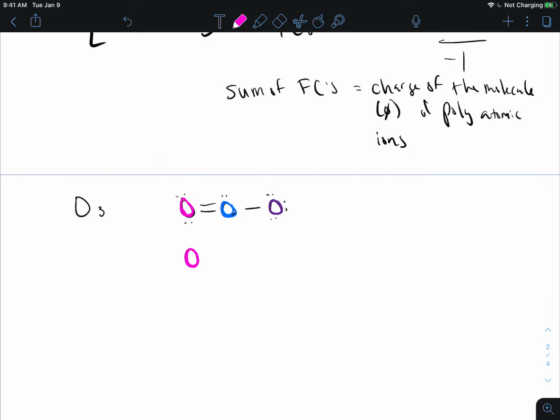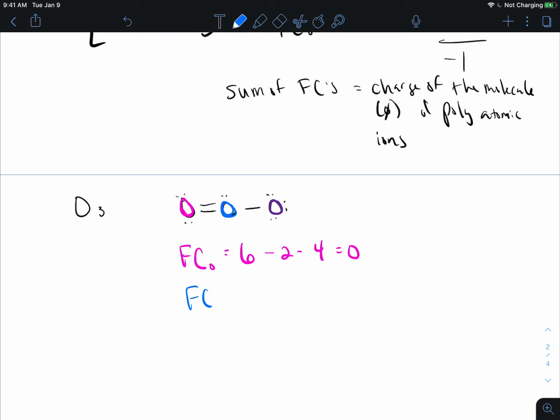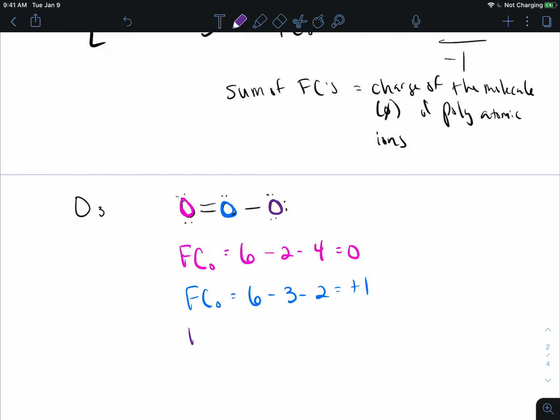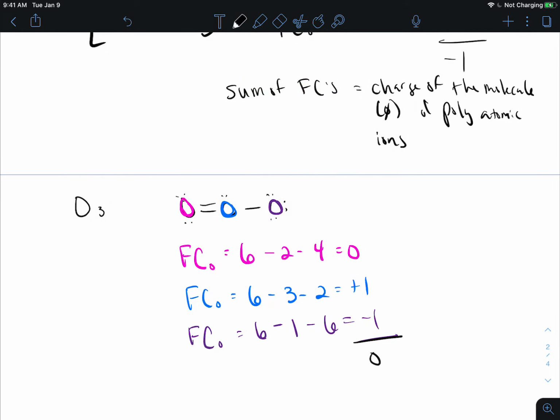So the formal charge of pink oxygen is 6 minus 2 minus 4, which gives us 0. Our formal charge for blue oxygen is 6 minus 3 minus 2, which is plus 1. And our formal charge for purple oxygen is 6 minus 1 minus 6, which is -1. Sum all these together. We get a 0, which is what we have here.